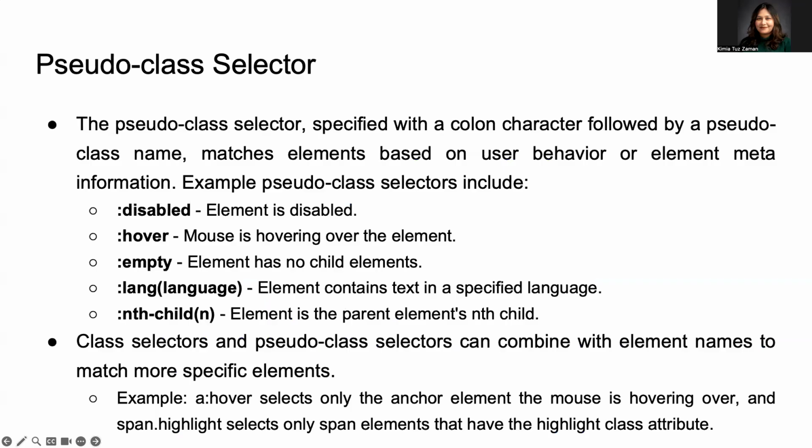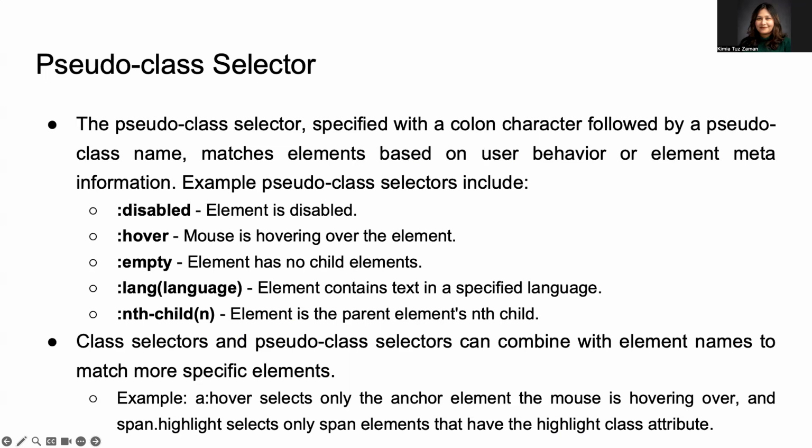Now let's talk about something which is really interesting in CSS, the pseudo-class selector. A pseudo-class is written with a colon followed by a keyword, and it lets us style elements based on their state, user behavior, or some special conditions.